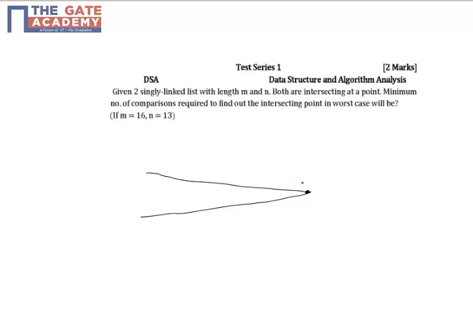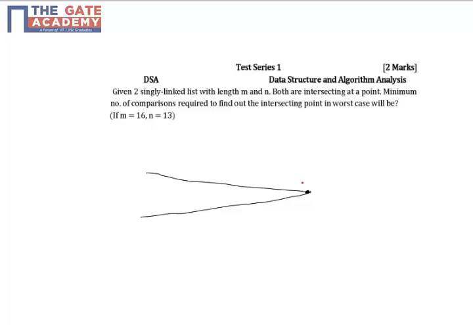If both are intersecting at some point and becoming one, then maximum how many nodes can be common in both linked lists? I am talking about the case in which all the nodes of a linked list are included in my intersection.